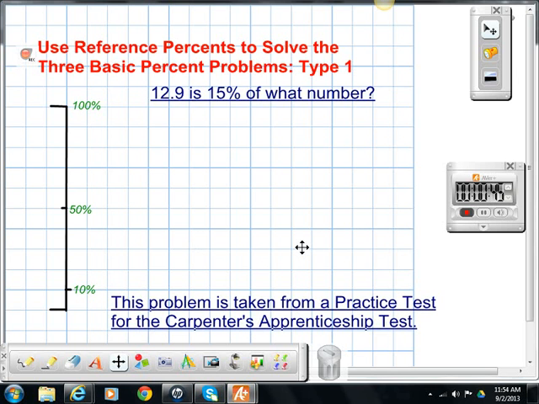So if you want to be a carpenter, you need to know how to work these basic percent problems. If you want to shop, prepare your taxes. Percents are everywhere in the world around us, and these three basic types of problems present themselves constantly. So let's take a look at our problem.